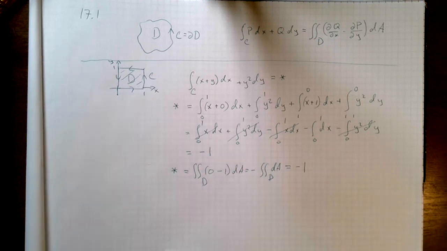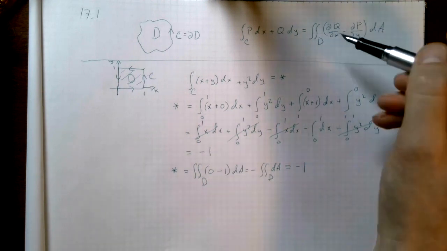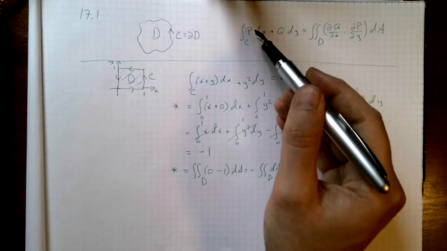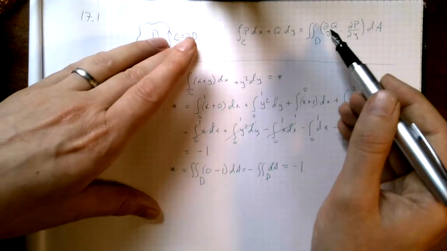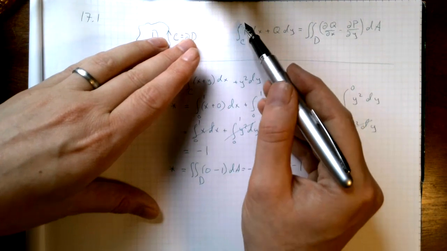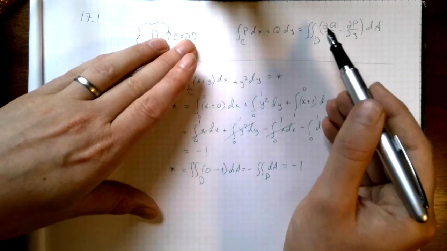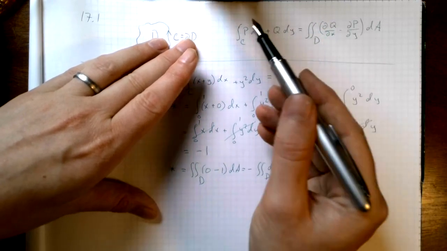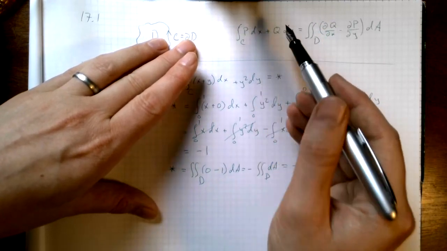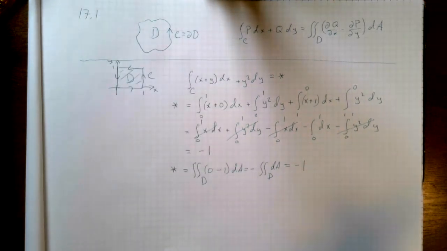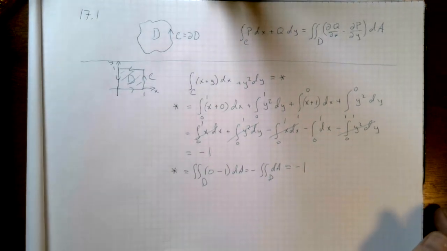So, for example, if P has some terms that are just in y, or if Q has terms that are just in x, they just disappear, right? So this might make it simpler. The other thing is, if these are polynomials, then maybe differentiating actually makes things simpler.